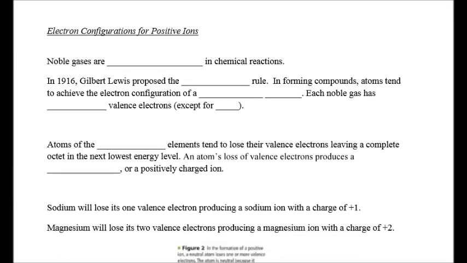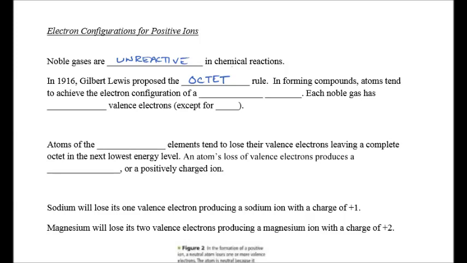Noble gases are unreactive in chemical reactions. So noble gases won't react with other elements. In 1916, Gilbert Lewis proposed the octet rule, and that the reason they don't react is because they already have a certain number of electrons in their outer shell.